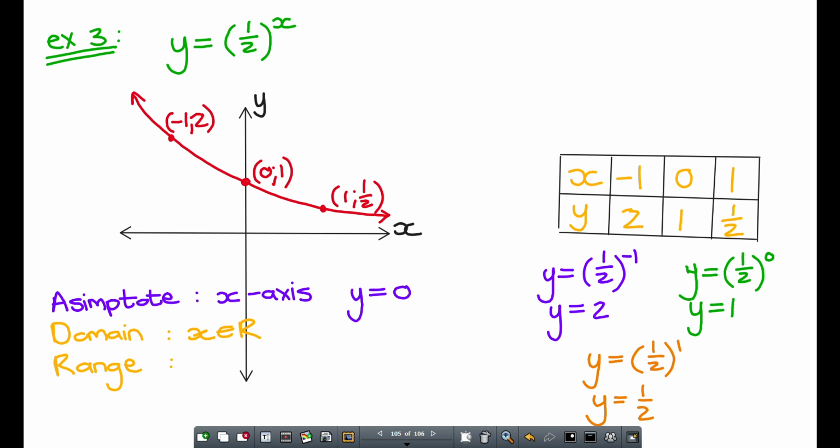All the positive numbers, yes. Okay. So we are going to say y must be greater than 0. You can still add y is an element of real numbers, but y must be greater than 0. Okay. Are you right there?